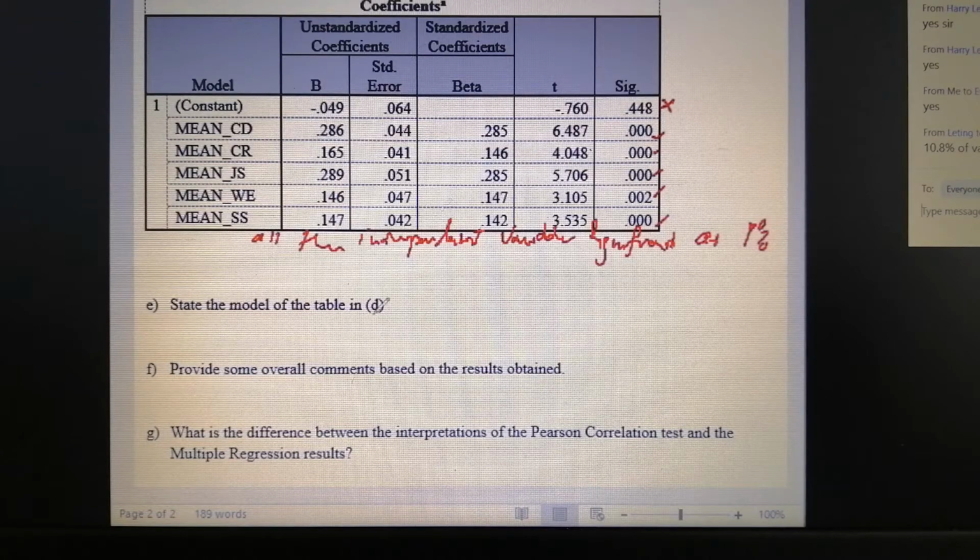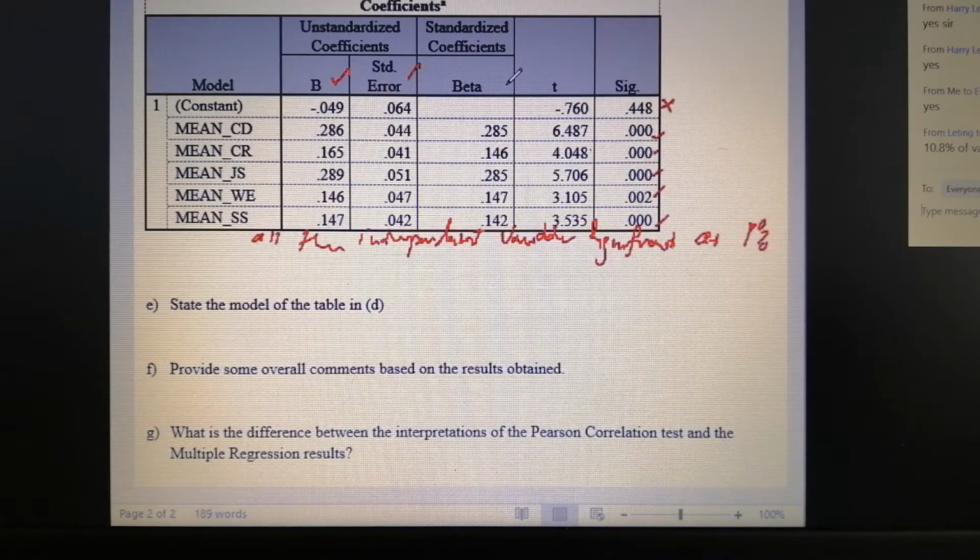Next, look at the unstandardized and standardized coefficients. We look at the standard error, or error estimation. Beta value is only a coefficient value, guys.